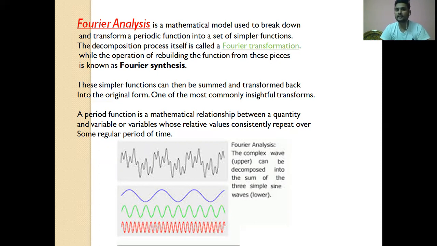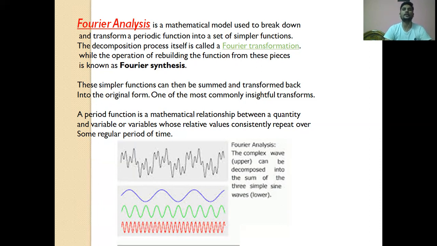The Fourier analysis is a mathematical model which is used to break down and transform a periodic function into a set of simpler functions. I think we all know about functions. So what is the need of a function?